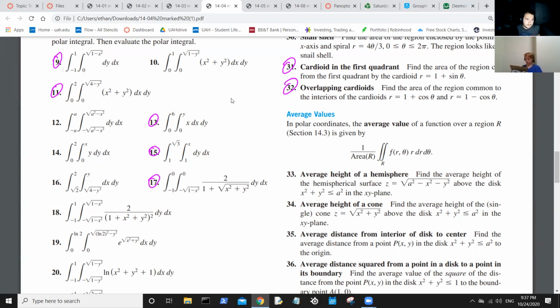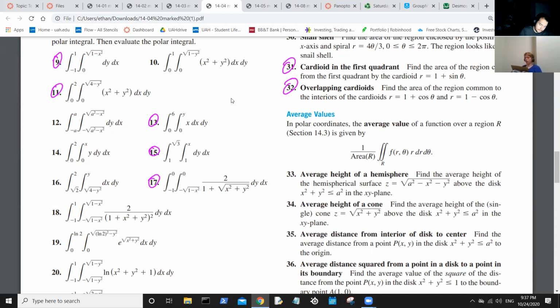Okay, yes. So remember, when you're converting to polar, your dy dx turns into r dr d theta. Don't forget the r. And then obviously dx dy is also r dr d theta. Would the r stay out in front, and then we would flip the order of the dr d theta, or does it not matter?